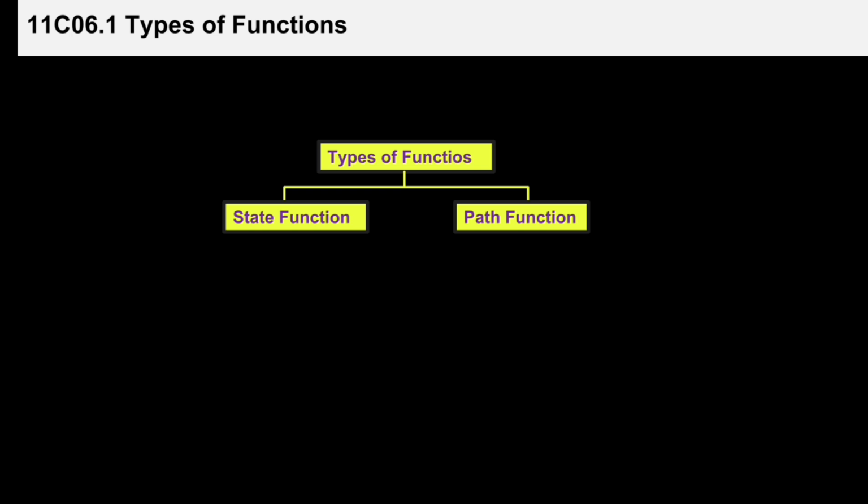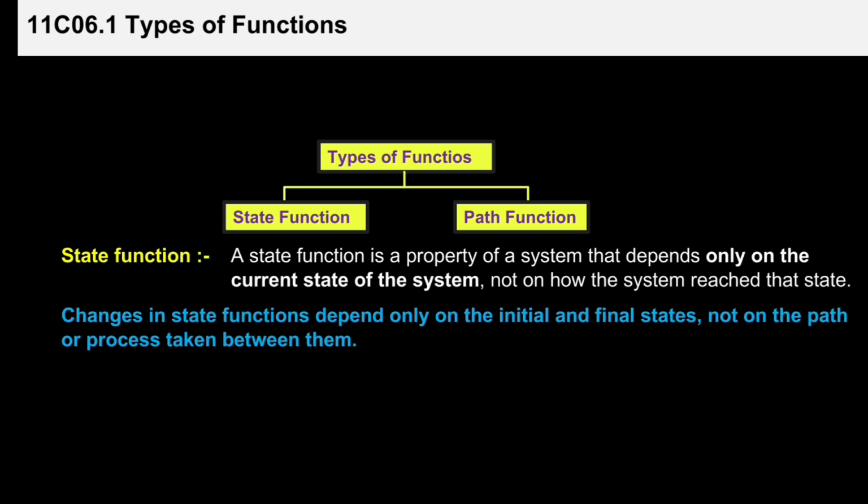So next is types of function. There are two types of function. First, state function, and second, path function. So let's first define what a state function is. A state function is a property of a system that depends only on the current state of the system, not on how the system reached that state. Changes in a state function depend only on the initial and final state, not on the path or process taken between them.